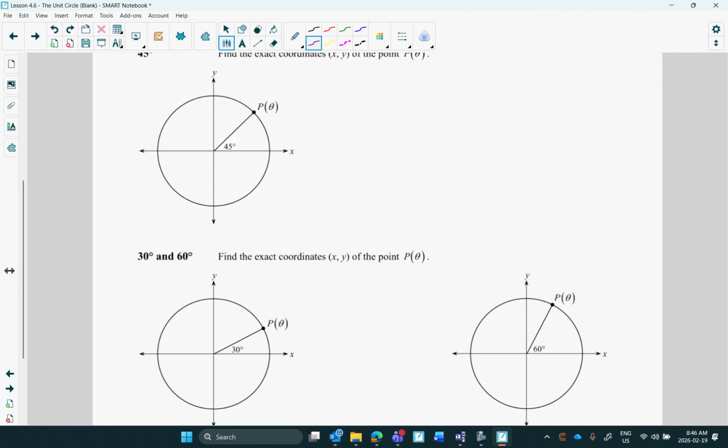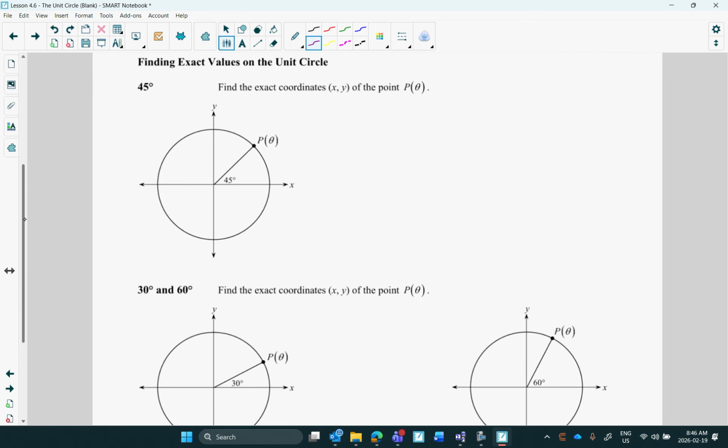is we can put a right triangle where the acute angles are 45 degrees into the unit circle. Remember, the hypotenuse is 1, because that's the definition of a unit circle. And what were these legs that we found? Root 2 over 2.